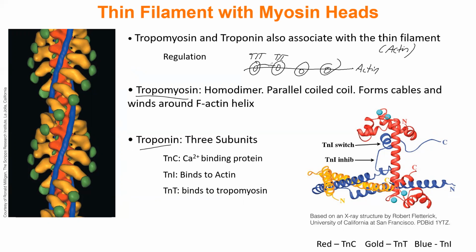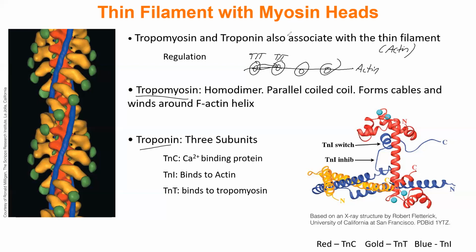I guess it's more like a fiber than what I drew there, but the idea here is for your muscles to contract properly, actin needs to be naked. That is, actin needs to not have any other protein on it. And once actin is naked, your myosin will go and grab it. And that starts your muscle contraction.